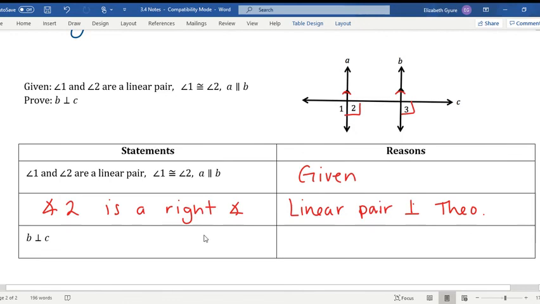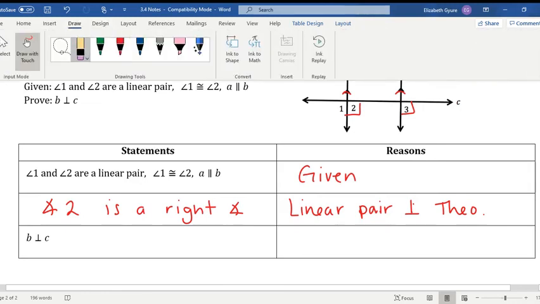I have the wrong statement written down. Go look at your linear pair perpendicular theorem. It doesn't say that you have a right angle. If two lines form a pair of congruent angles, then the lines are perpendicular. That's why I confused myself.